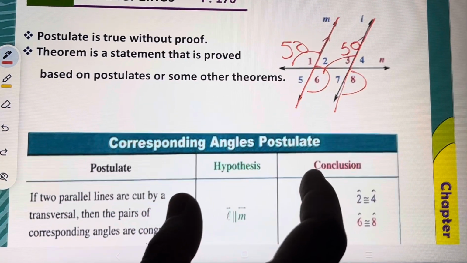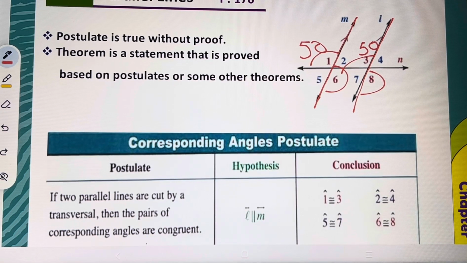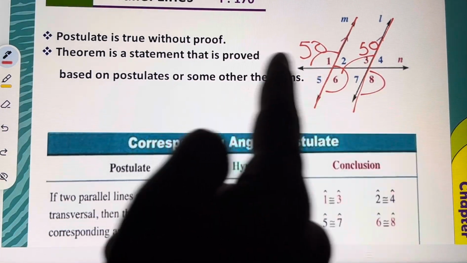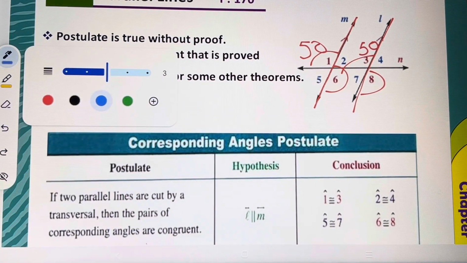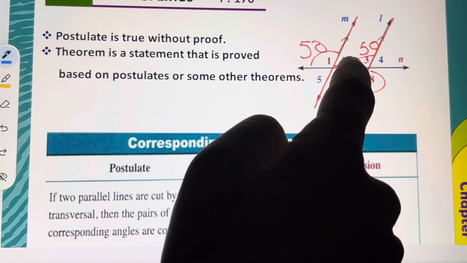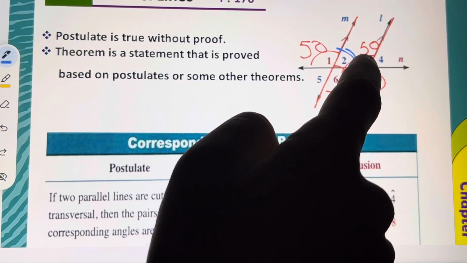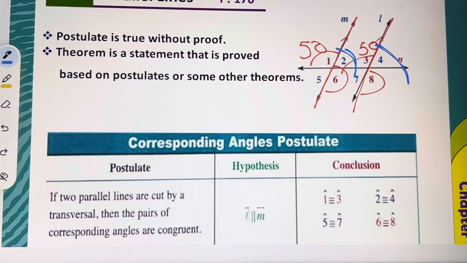By a postulate that says if two parallel lines are cut by a transversal, then the pairs of corresponding angles are congruent. So the red parts are called corresponding angles. What about the blue ones? Take a look at the blue ones, which is angle 2. Again, there's angle 3 between them and angle 4. So 2 and 4 are also called corresponding angles. They're going to be congruent to each other.